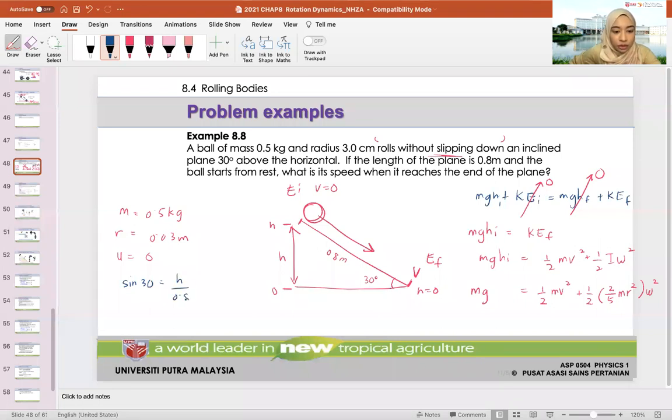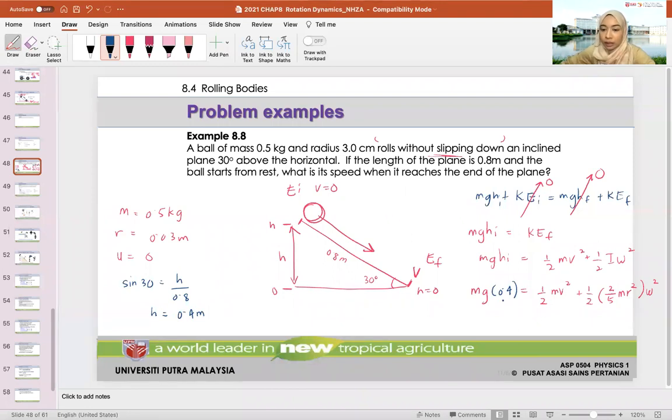So that is h over 0.8. So h is something. I don't know. Okay, my bad, I don't have my calculator. It's dead. Can someone calculate that for me? What is h? 0.4 meter. Okay, thank you. And then we have 0.4 meter over here.